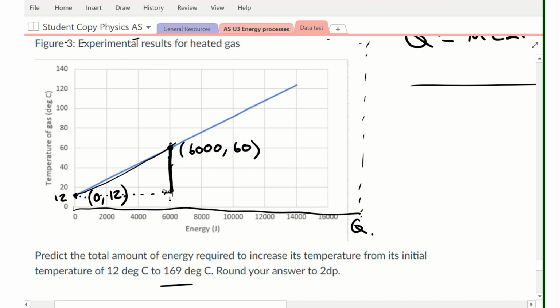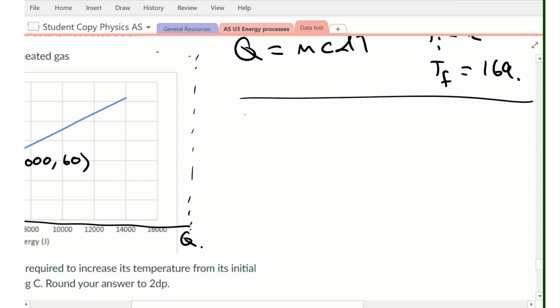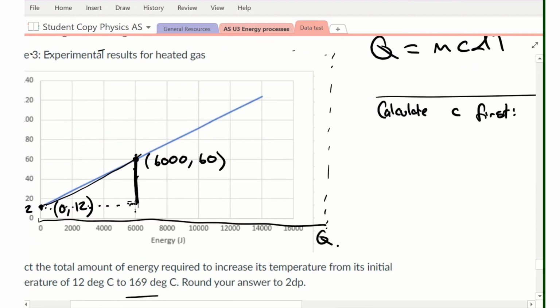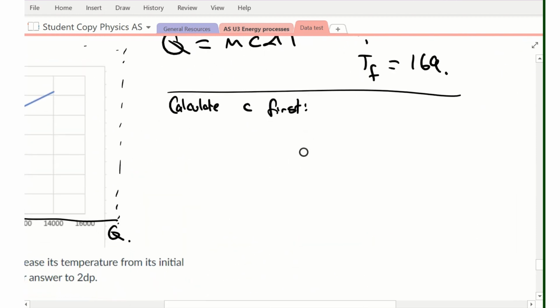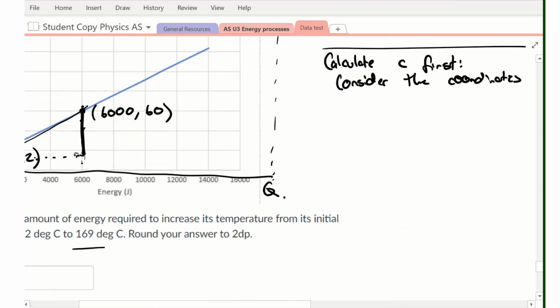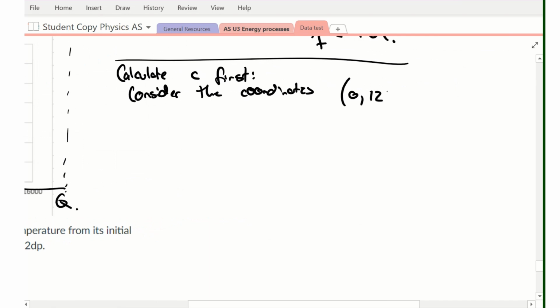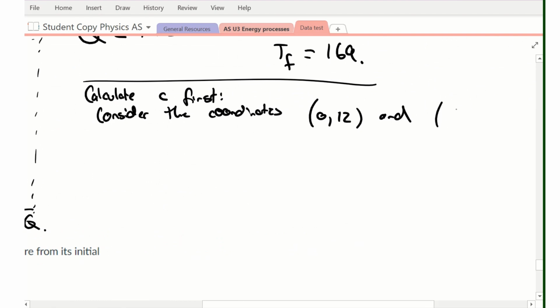It's equal to 6,000. So instead, I'm going to calculate C first. My energy between these 2 points, I'll even say a bit of math language. Consider the coordinates 0, 12, and what's our other one? 6,000, 60.